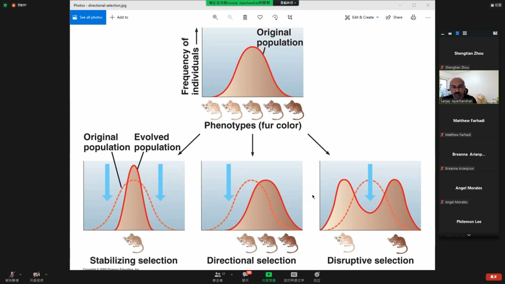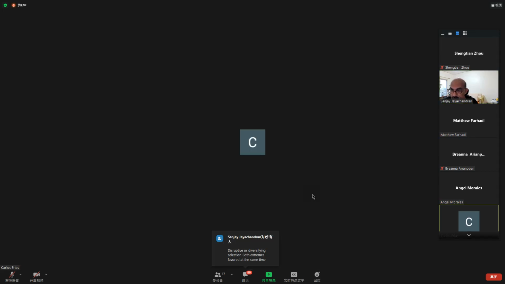It's sort of like you have some light rocks and the light guys hide out, and you have some dark rocks and dark guys hide out, and the in-between guys get picked off by predators. So both extremes are favored at the same time. Clear? Yes, no? All right.